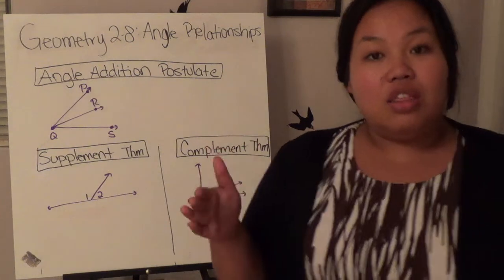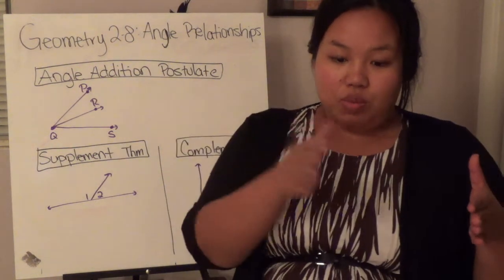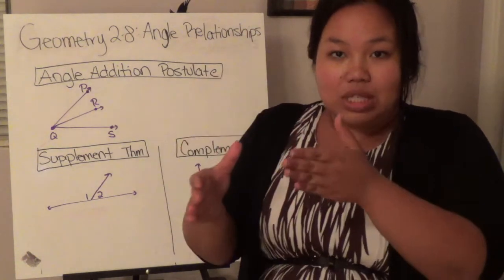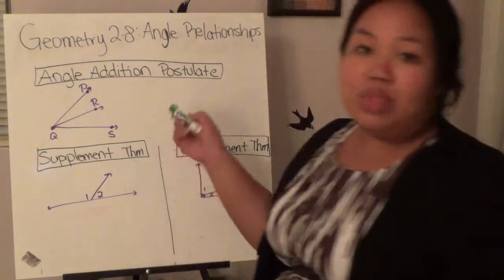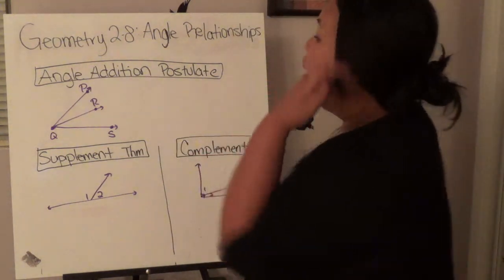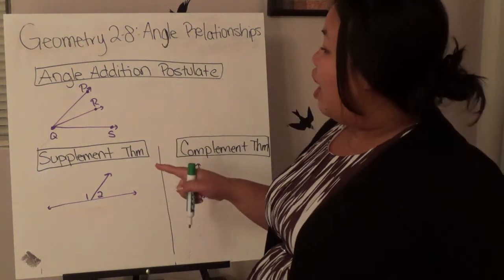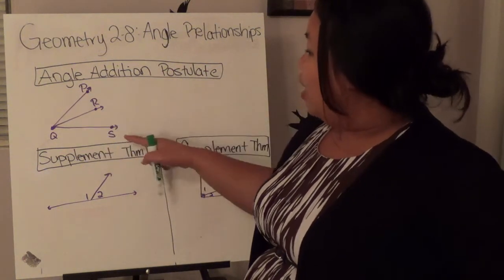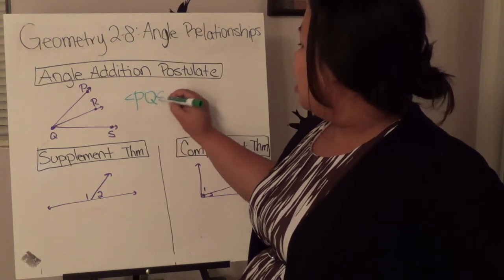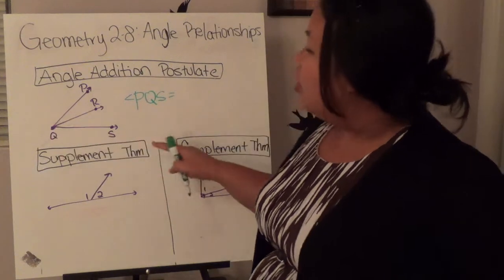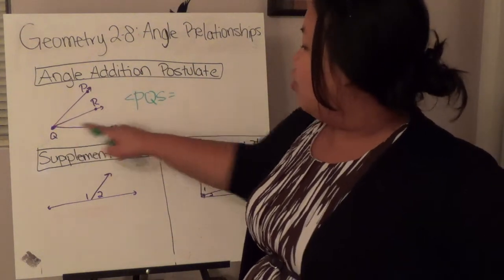Do you remember that theorem where when you have a line and it's broken with another point, you can take this segment plus this segment equals the entire segment? So you can essentially apply that same concept here. If I have this angle PQS, this entire angle can be broken down into two angles, PQR and RQS.